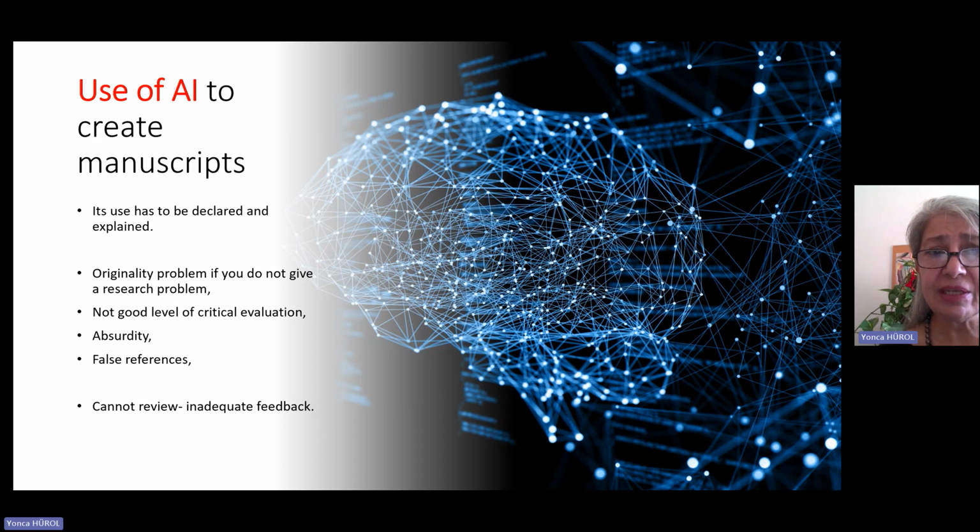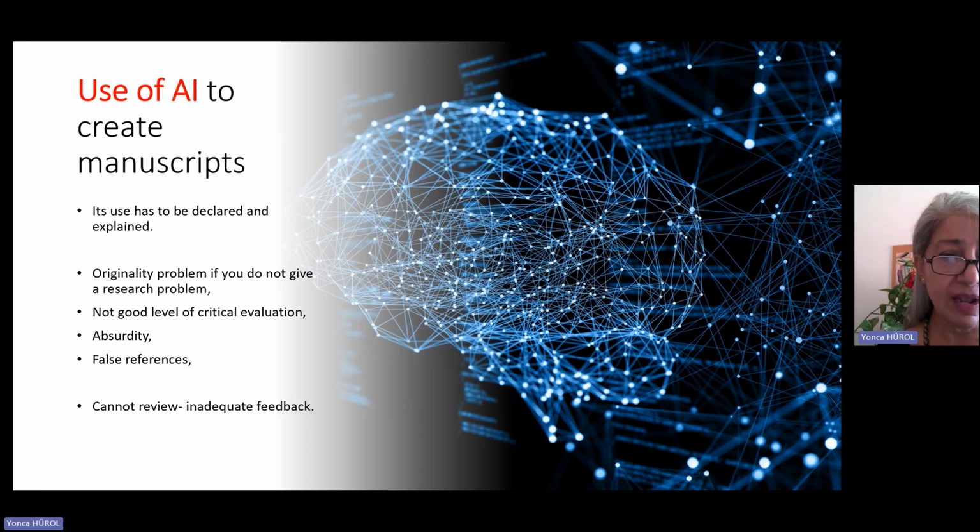But you must know that if you ask AI to generate a manuscript for you, you should know that it cannot generate an original manuscript for you, because it is totally based on given databases and given pool of literature. It cannot produce a good level of critical evaluation, and it can produce some absurd texts. It also produces some false references.